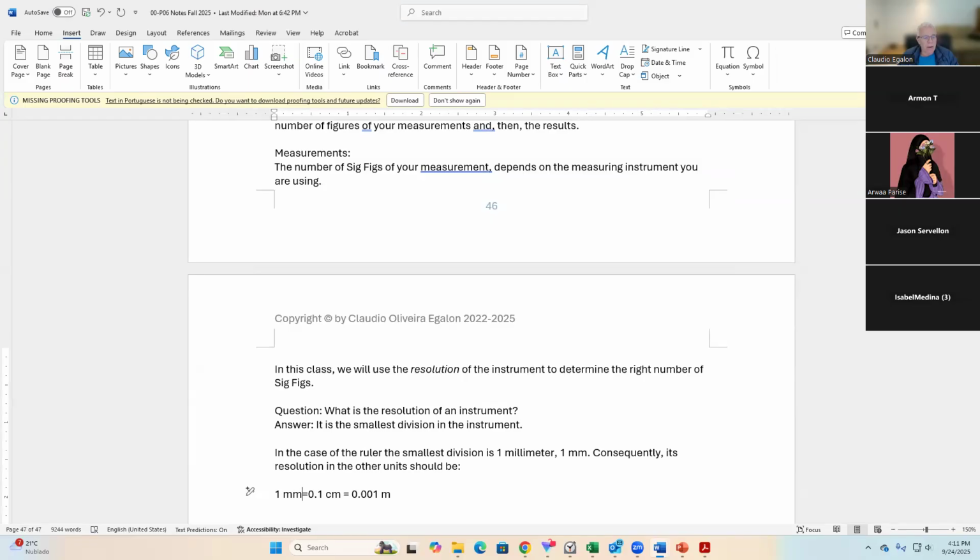In meters, we have to divide the 1 millimeter by 1,000 to get the resolution of the instrument.